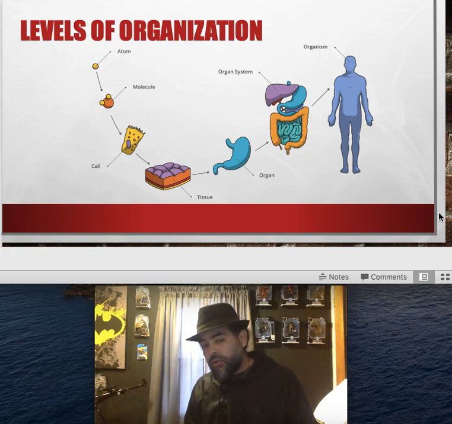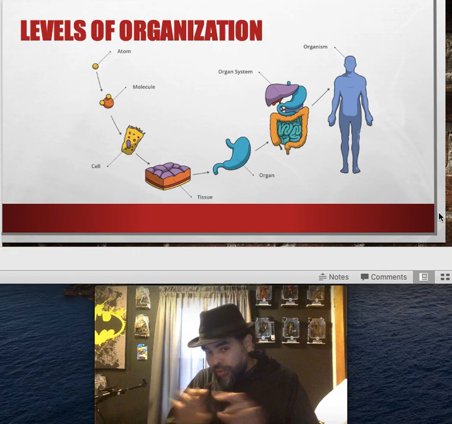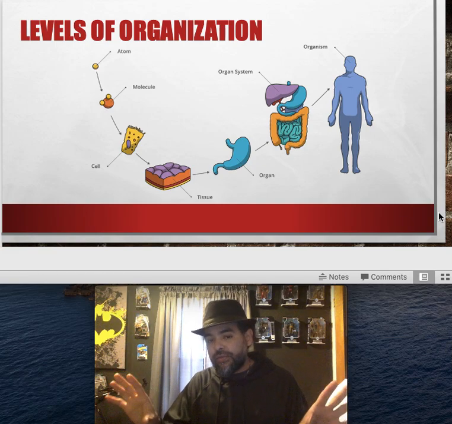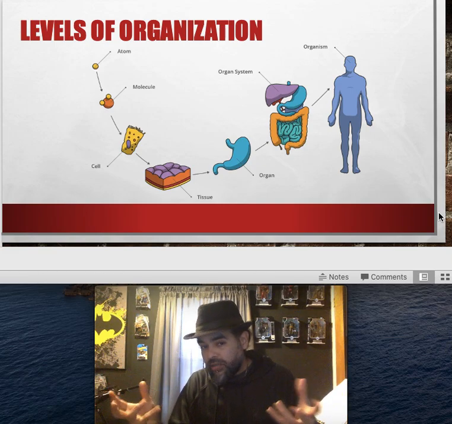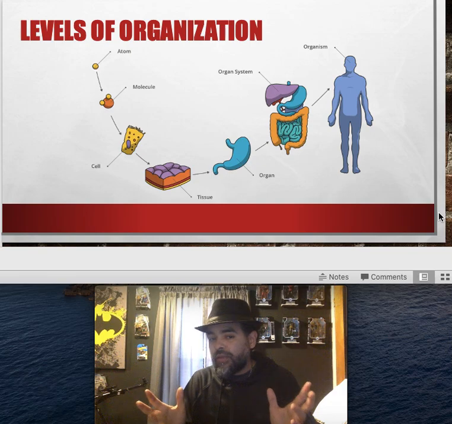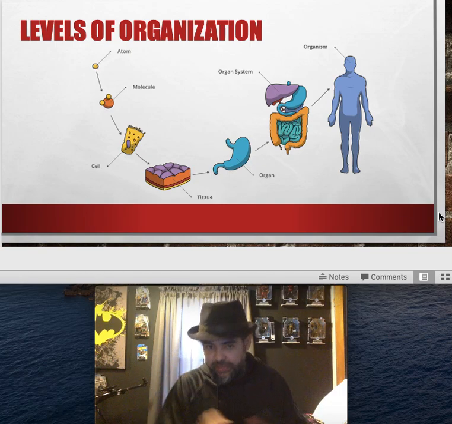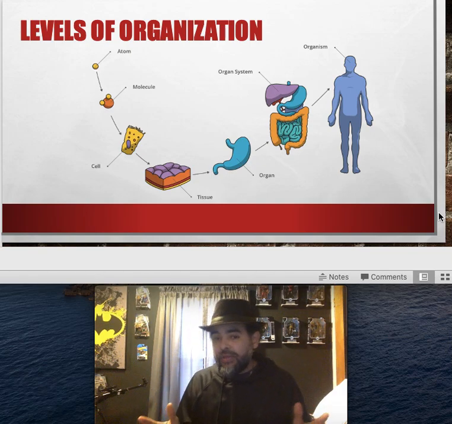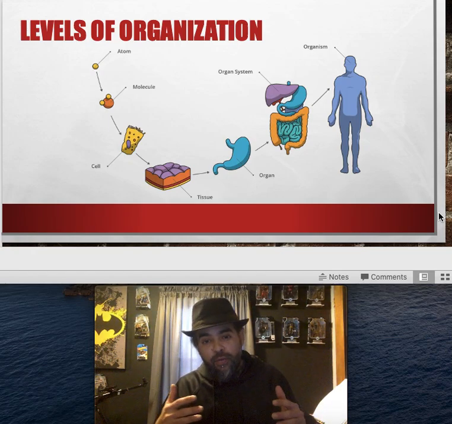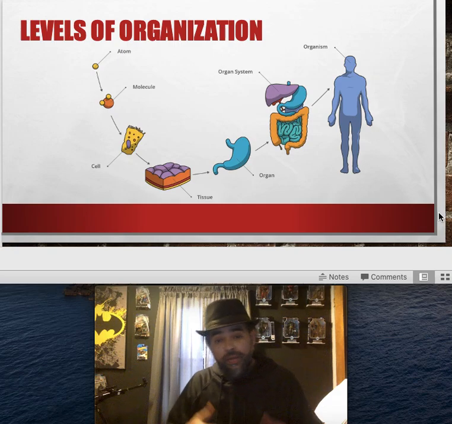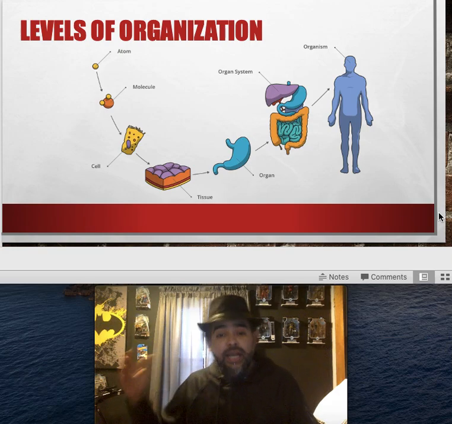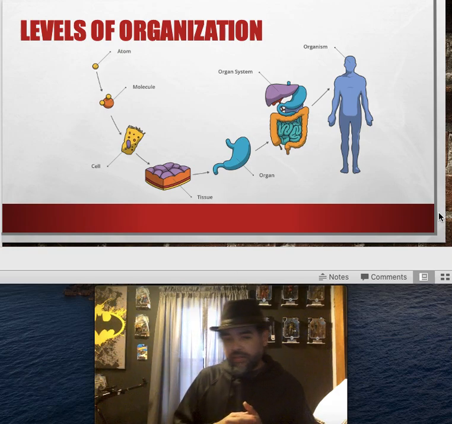If I take an organism and break it apart into different organs or structures, I am going to find something called organ systems. And very probably you have been hearing about these systems for many, many years now: the respiratory system, the digestive system, the integumentary system, which is our skin, and many others. We have 11 systems of the body.